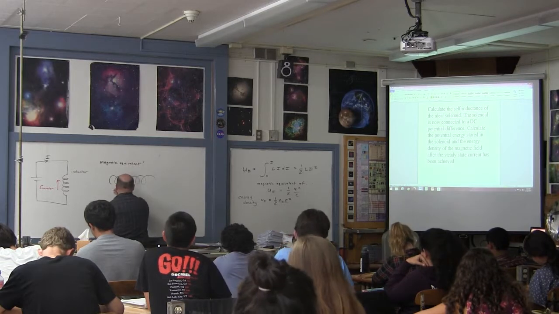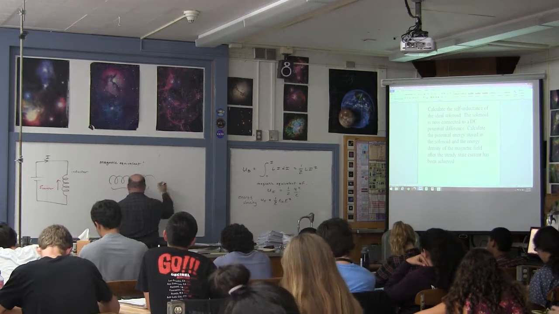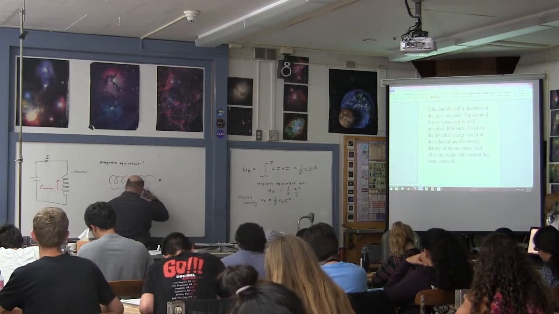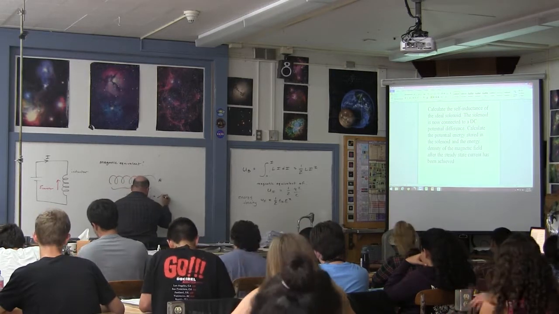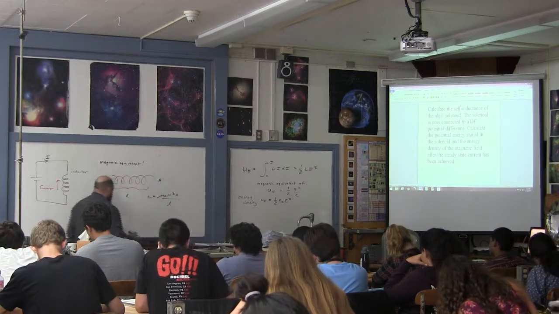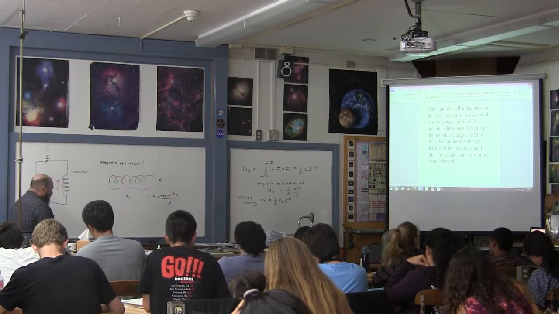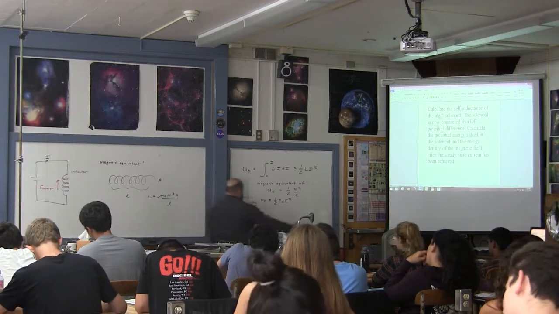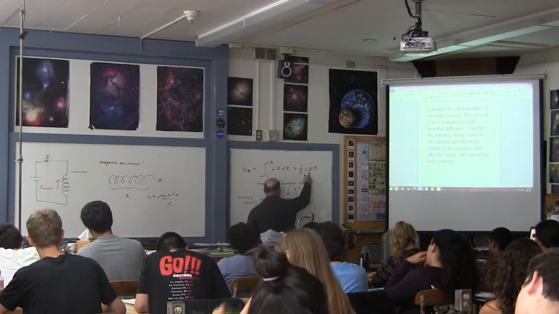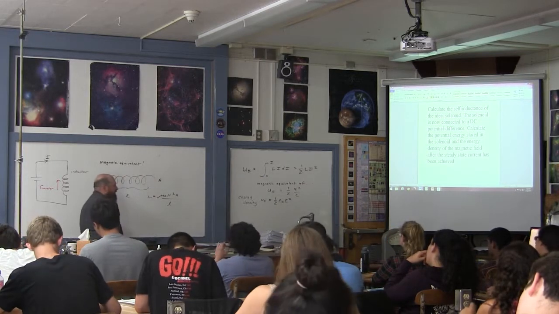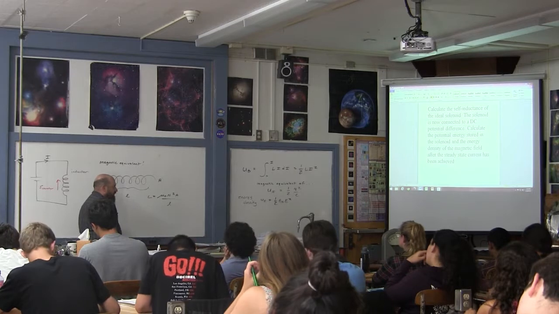So the solenoid has length L and area A, and L is mu naught n squared A over L. What I basically have to do is take the potential energy, 1/2 L i squared, and divide it per unit volume to get energy density.